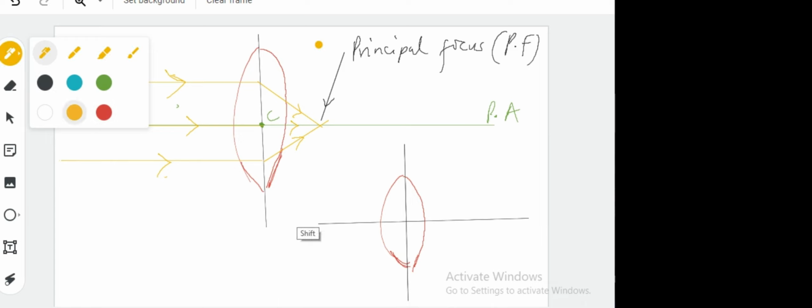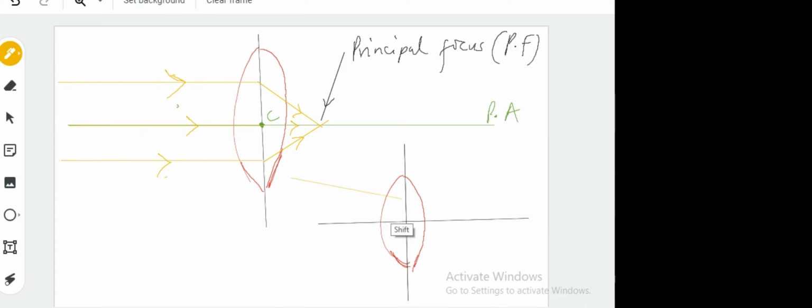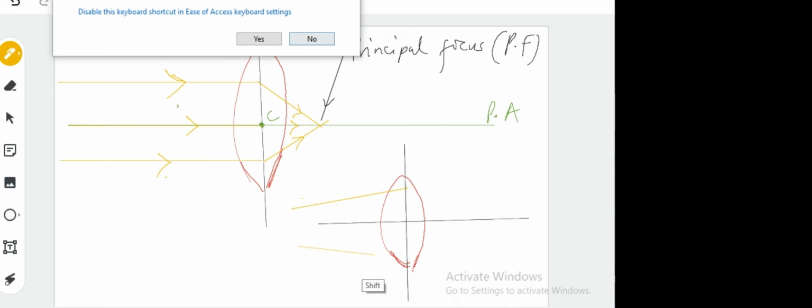They're still coming in, but they are not parallel, right? Not necessarily converging, but they are not parallel. These rays are not parallel rays, as you can see. Are they parallel?